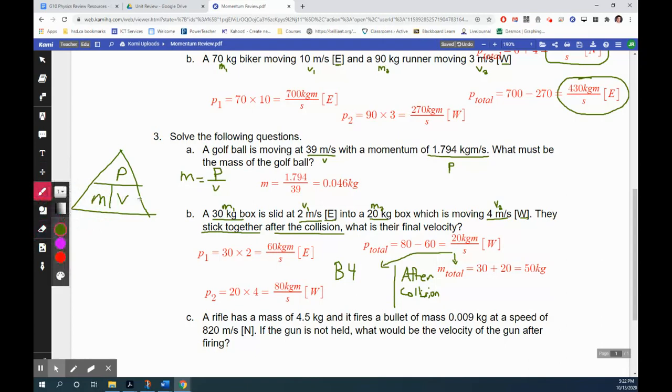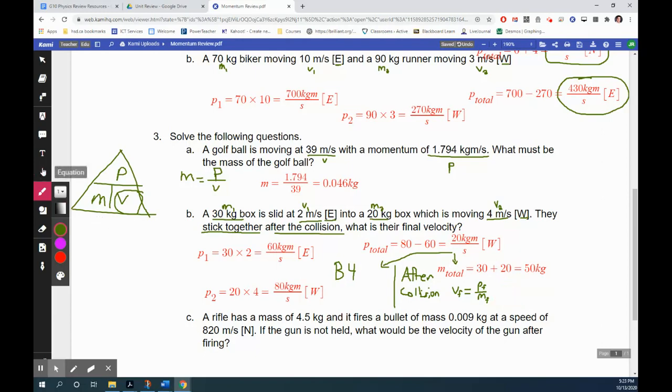We're looking for the final velocity, and so we need the momentum divided by mass. So V final, F for final, is going to be the momentum final divided by the mass final. This is the final momentum, this is the final mass. I could be writing total, but I'm not writing that with my hand.